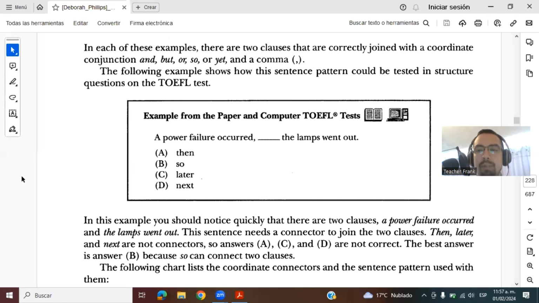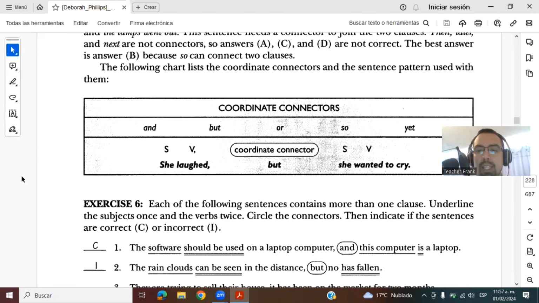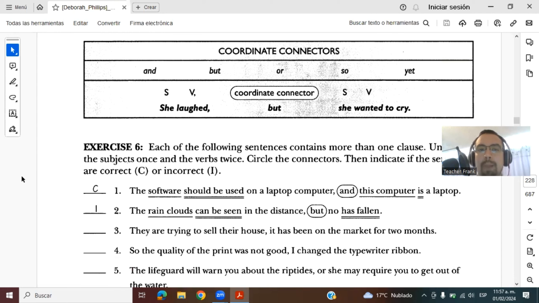Let's look at a brief graph explaining this, and then we'll do the exercise. So our coordinate connectors are, like we just said, and, but, or, so, and yet. And they go in the middle of two clauses or two subjects and two verbs, right? She laughed, comma, but she wanted to cry, all right?